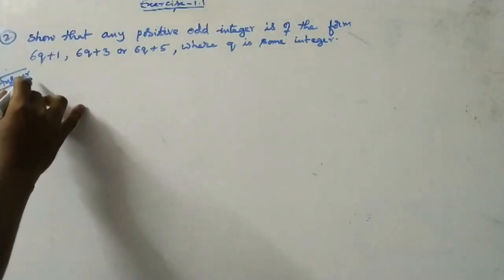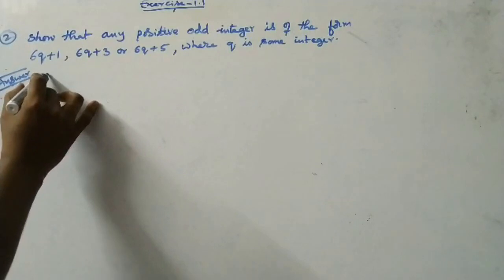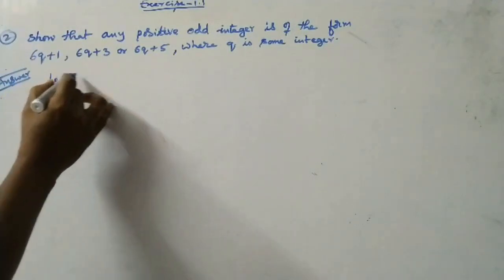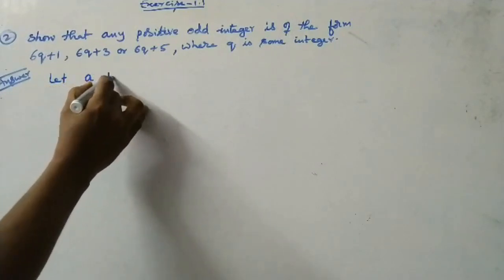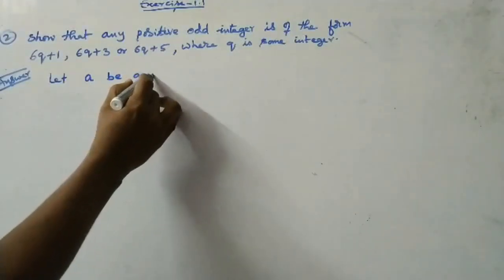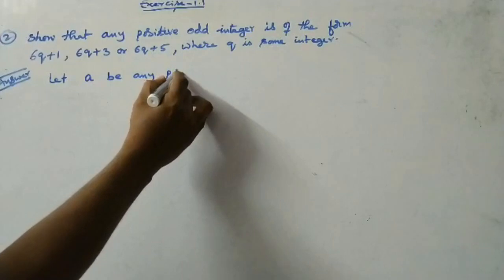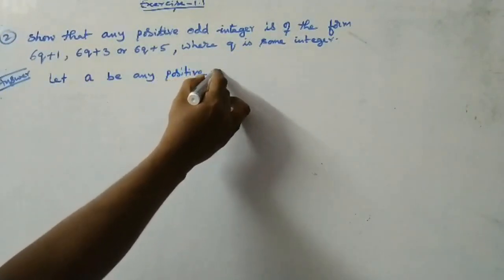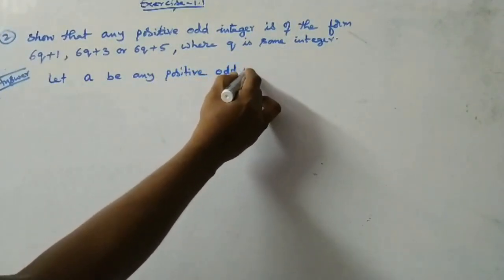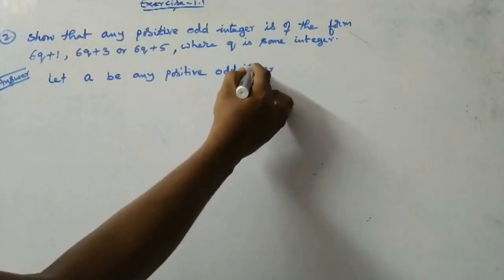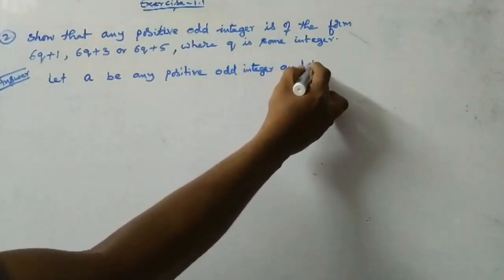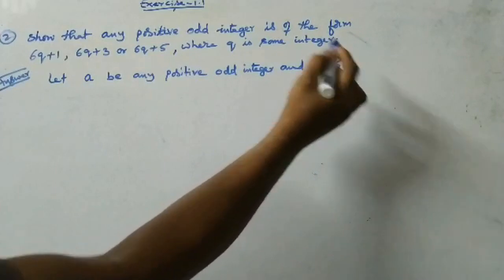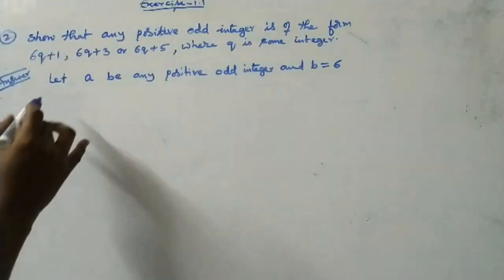Here we will observe the solution. Let a be any positive odd integer, and the divisor we will consider as 6. B is equal to 6.